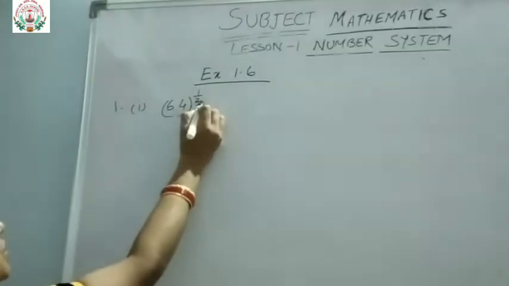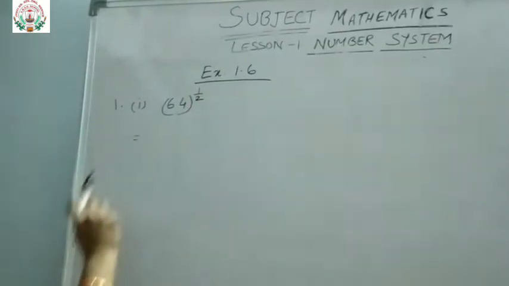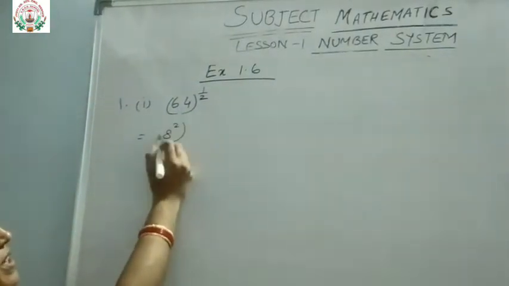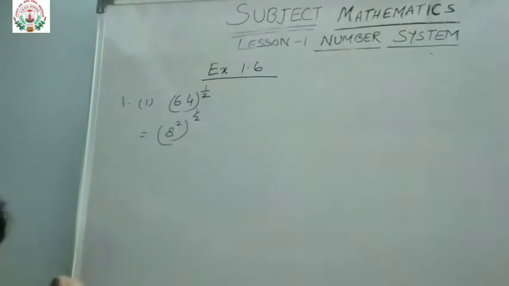The first question of exercise 1.6: find 64 to the power 1 upon 2. You know 64 is a perfect square of 8, so it will be 8 square whole to the power 1 by 2.